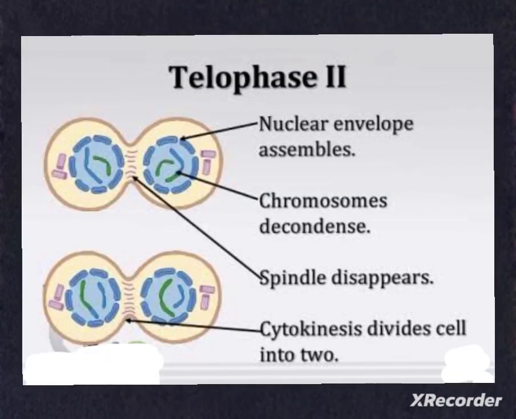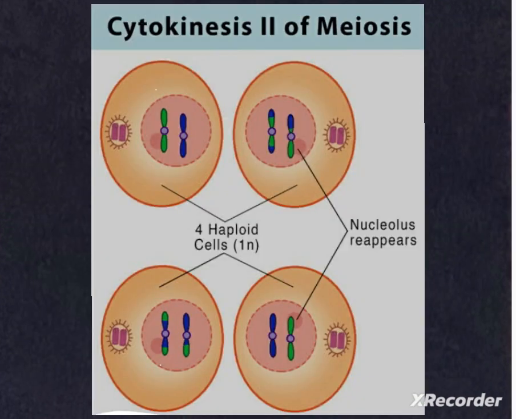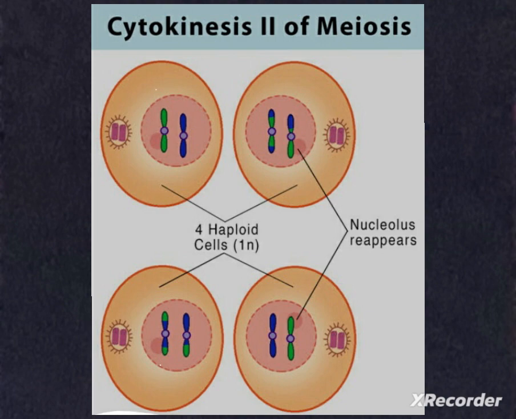Next, telophase 2. Here the chromosomes decondense again, a nuclear envelope develops around them, and cytokinesis occurs. As a result, four haploid daughter cells are formed. So this was about the cell division by meiosis.